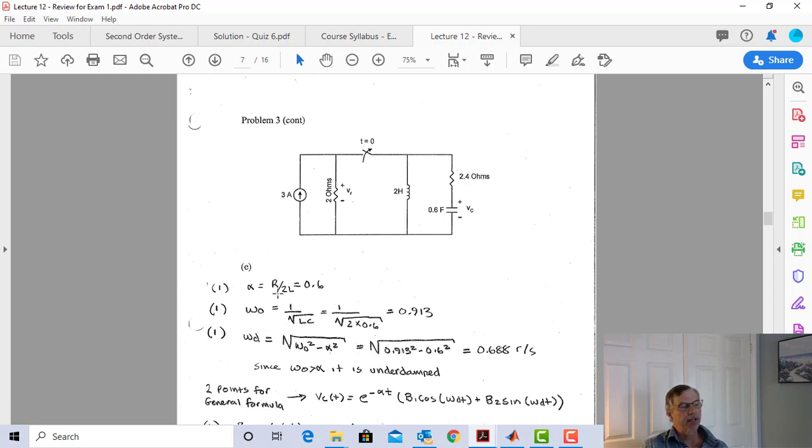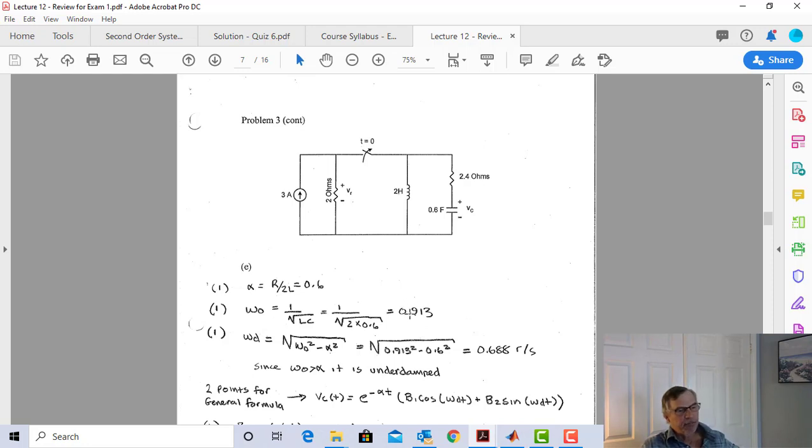Now remember that alpha is different for a series or a parallel RLC, right? But omega naught will always be the same. Now, it's kind of silly, but I call alpha our thuddiness coefficient, and omega naught is our boinginess coefficient.